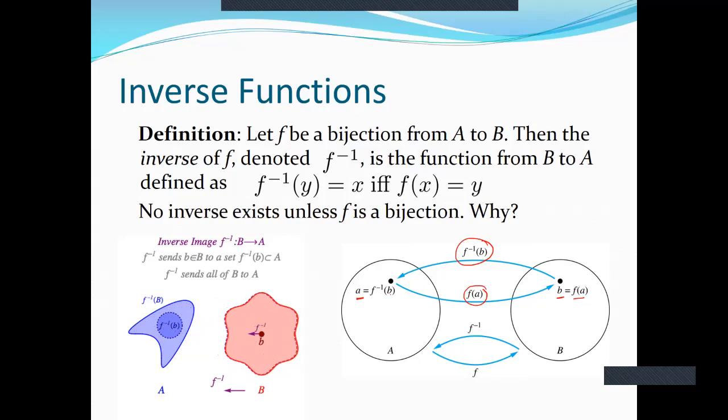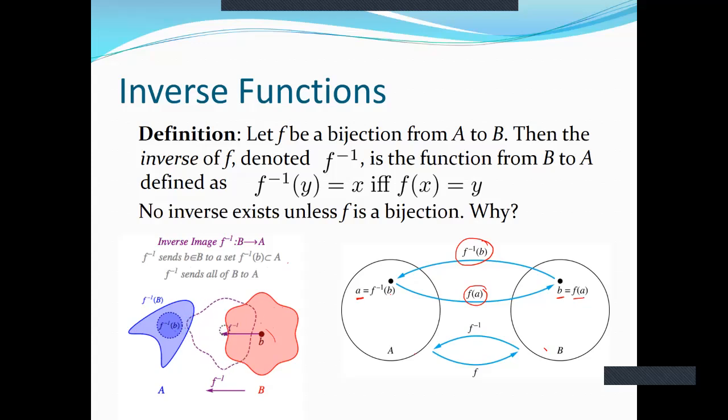We map the elements of A to B with the help of f, and f inverse does the reverse thing, mapping the elements of B to the elements of A. So in this diagram, f inverse is mapping from B to A. All right, so f inverse sends b that belongs to B to a set f inverse of b that is a subset of A. So f inverse sends all of B to A.